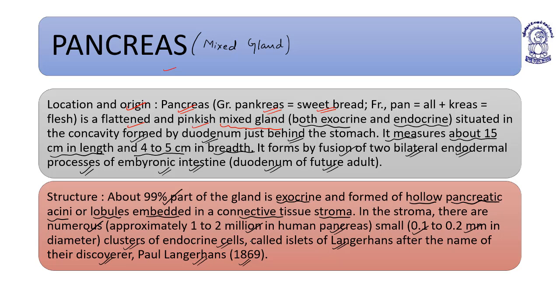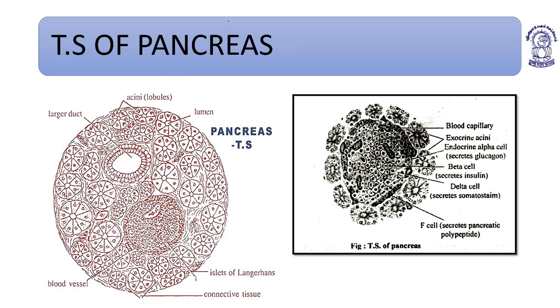Okay, now coming to the next slide. This is the transverse section of pancreas. In the transverse section, you can see the peripheral arrangement of these acini or lobules. These acini also have a lumen at the middle.